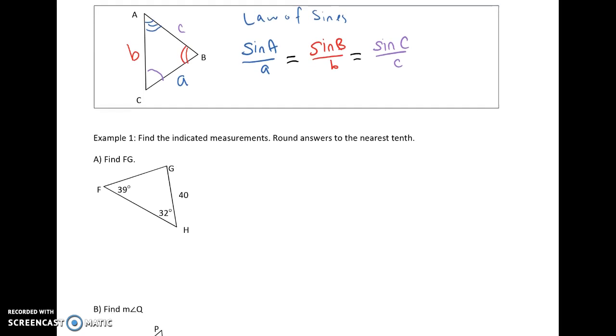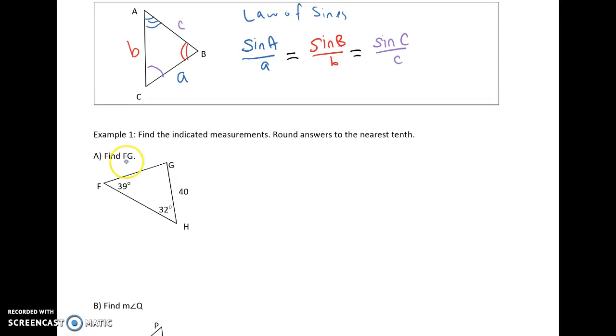All right, so let's go ahead and look at example 1, and I want to find FG. So I want to find that length. I can take a look at the triangle and say, well, it's not a right triangle, so I can't do SOHCAHTOA, but I can use the law of sines because this FG over here has an angle 32 with it, so I can do sine 32 over FG, and make that equal to a ratio of another angle and side.